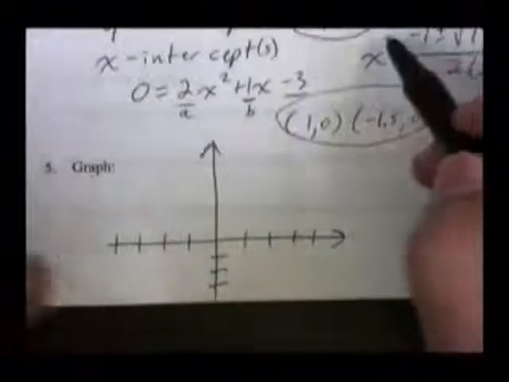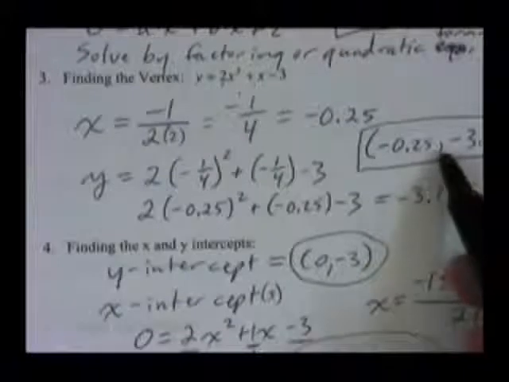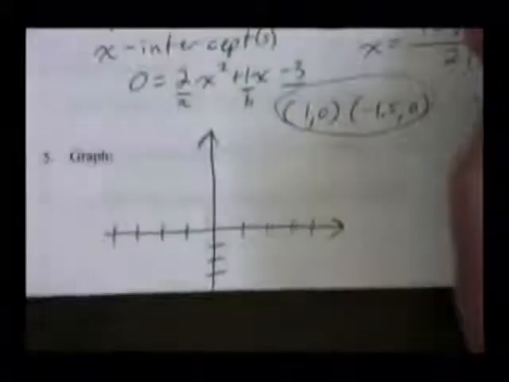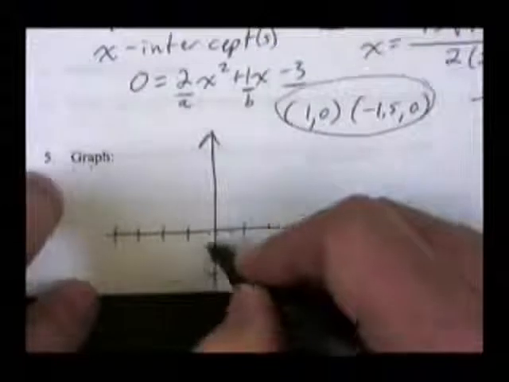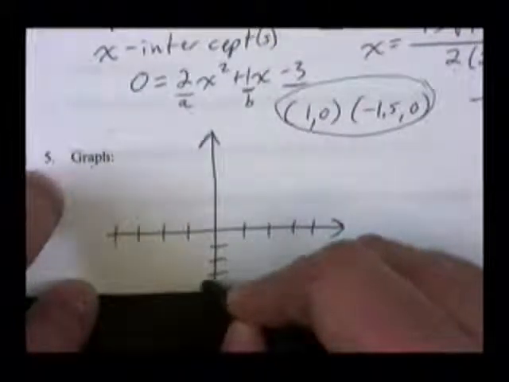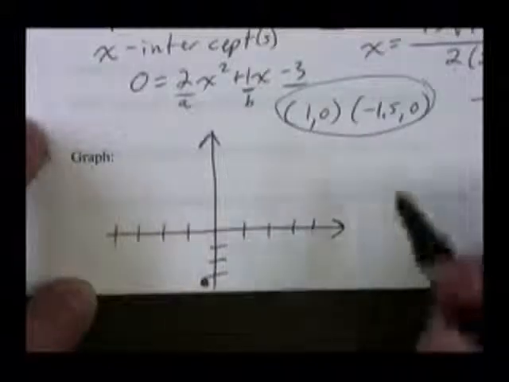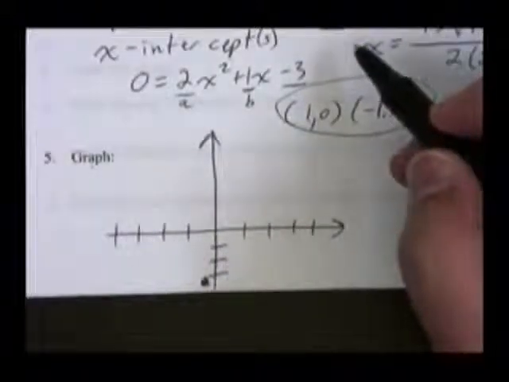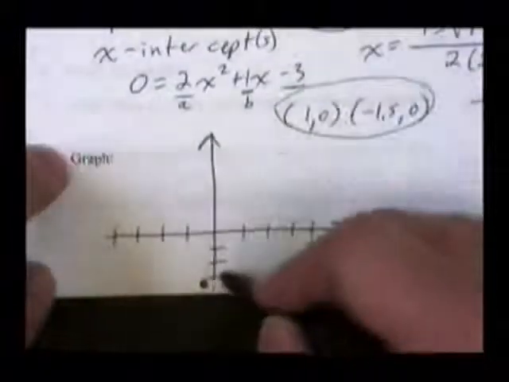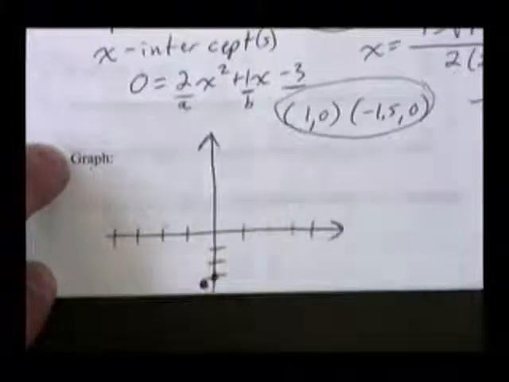Now, the first point that I had was a vertex of negative 1/4, and a little over negative 3. So negative 1/4 would be about here, a little over negative 3, about down in here. Then my y-intercept was (0, -3), so that's going to be here.